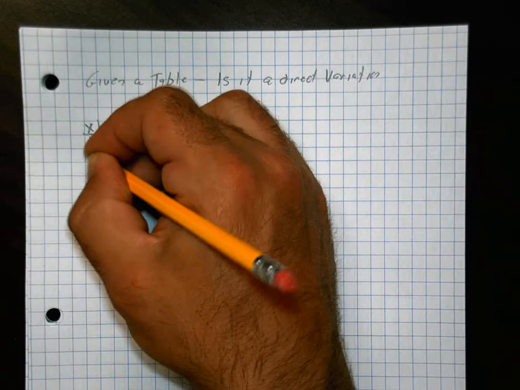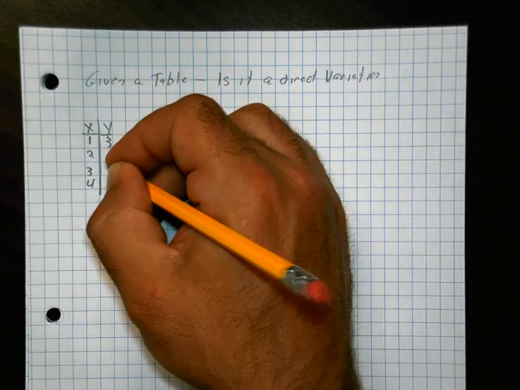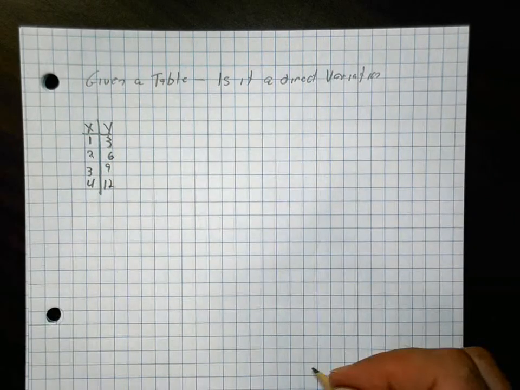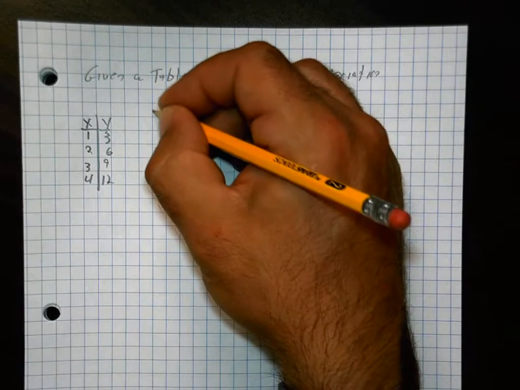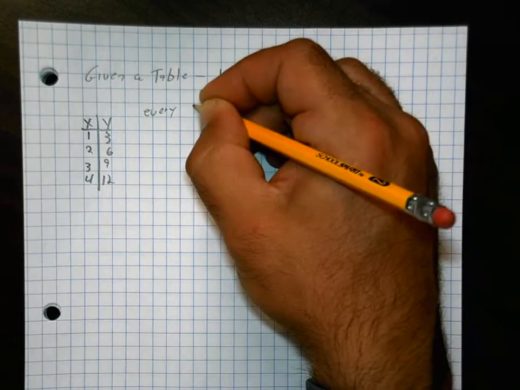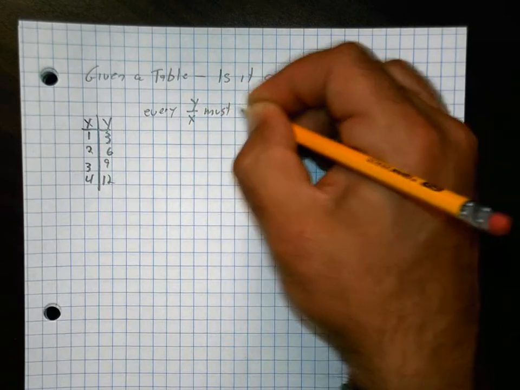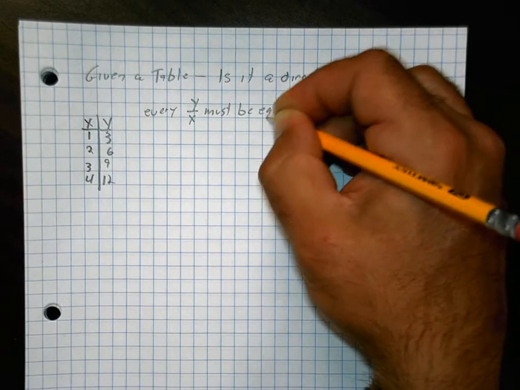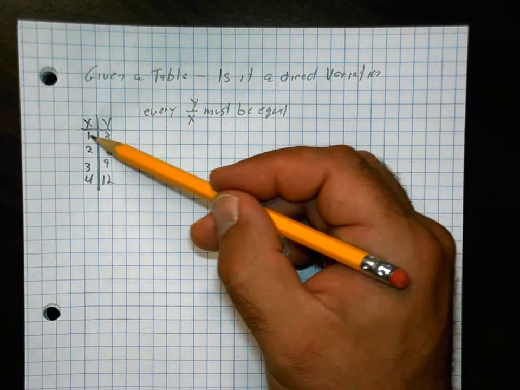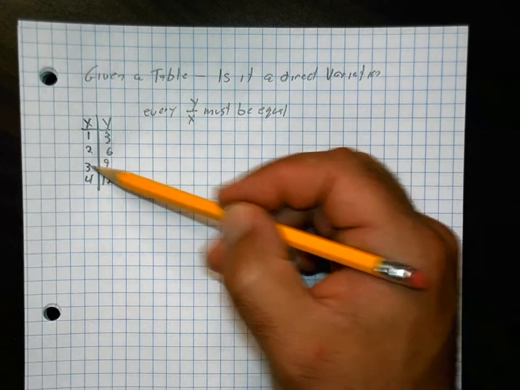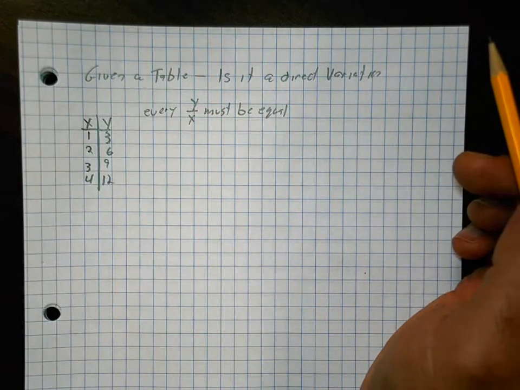Let's say x is 1, 2, 3, 4, and y is 3, 6, 9, 12. To make it a direct variation, every ratio of the y over the x must be equal. If I go down the list, if I take my y value over my x value and the result is the same, that means it's a direct variation.